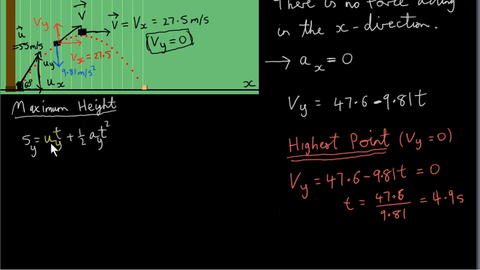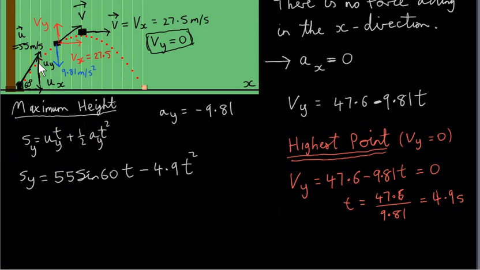Ay we know is minus 9.81. Uy is the y component of the initial velocity, and Sy is the position of the particle. It's just y basically. We could just call it y. So we covered all this in uniform linear motion.